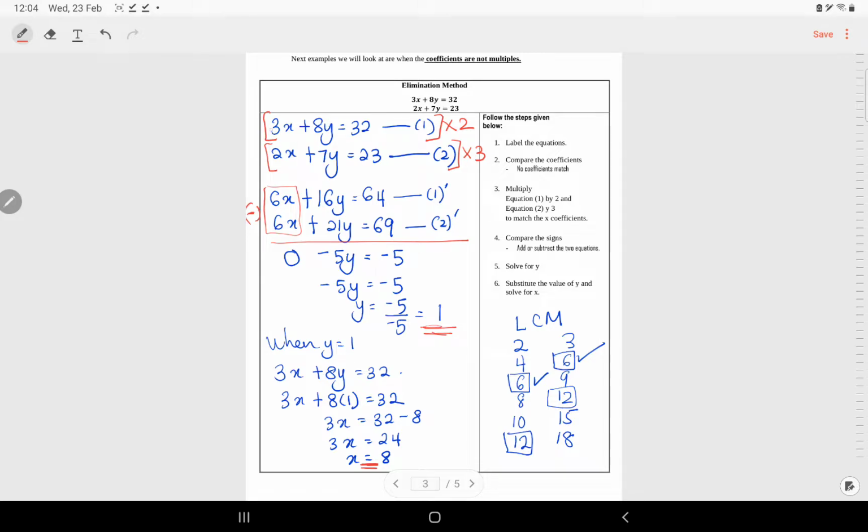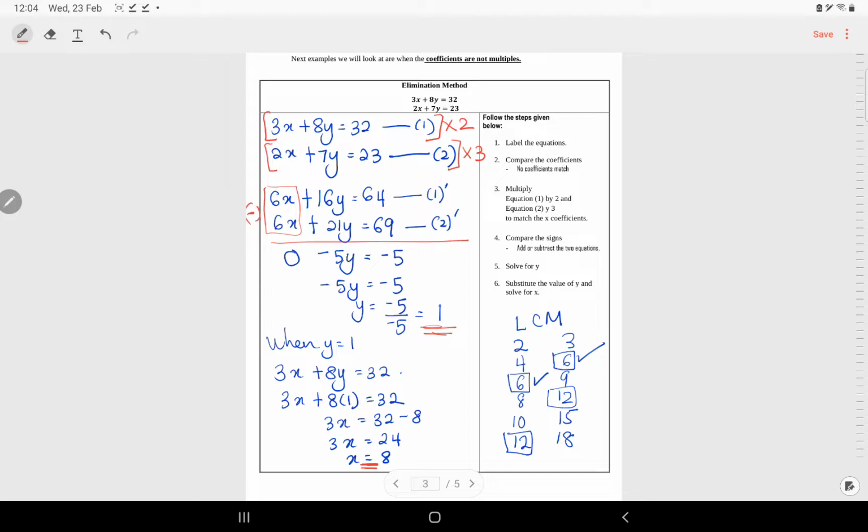So in this case, to make this become 6x and 6x, I need to multiply the whole equation 1 by 2 and the whole equation 2 by 3. In that way, we will get the same coefficient, so we can eliminate it and solve for the remaining variable. Okay, so that is the elimination method.